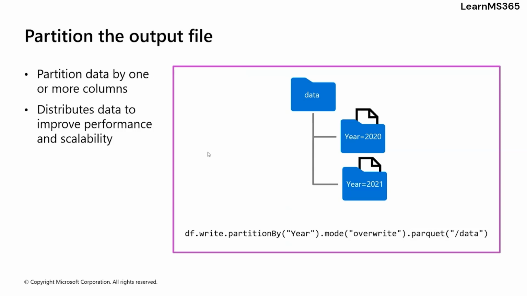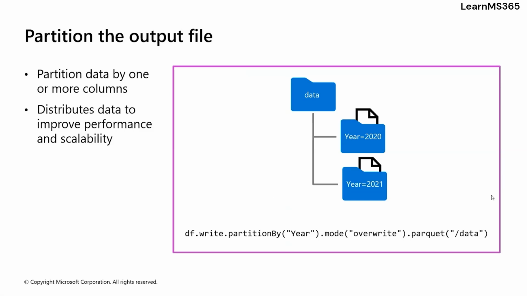So to save a data frame as a partitioned set of files, use the partitionBy method when writing the data, and the following code example saves the data frame and partitions the data by year.